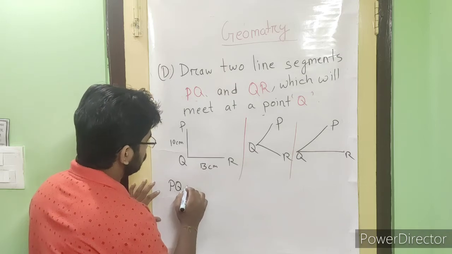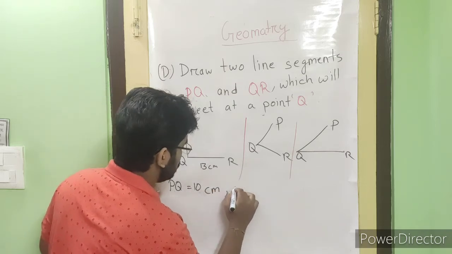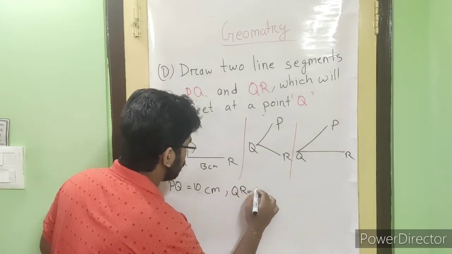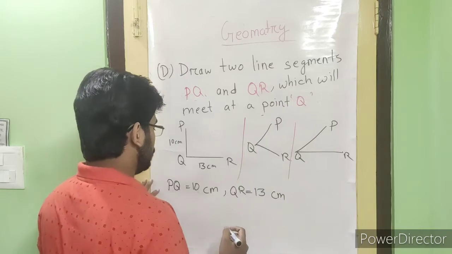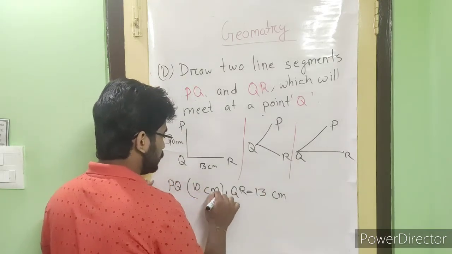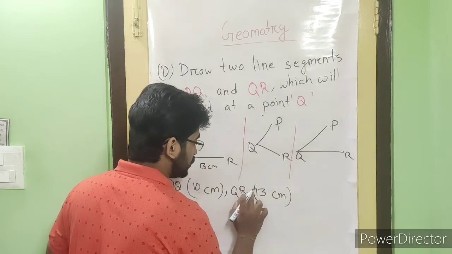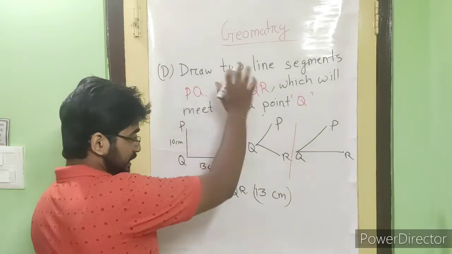PQ equals 10 centimeter and QR equals 13 centimeter, or we can use brackets because it's not mandatory, it's an optional point in this question.